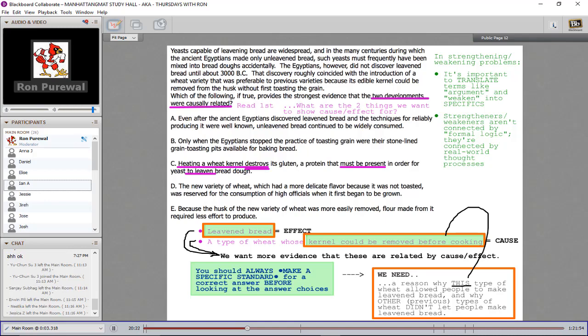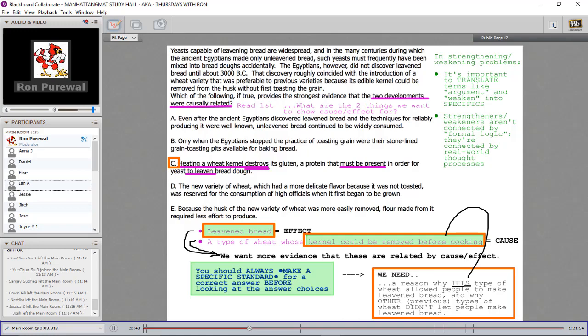Heating it destroys something that must be present in order to leaven it. So this is the answer that we want. This is perfect, right?